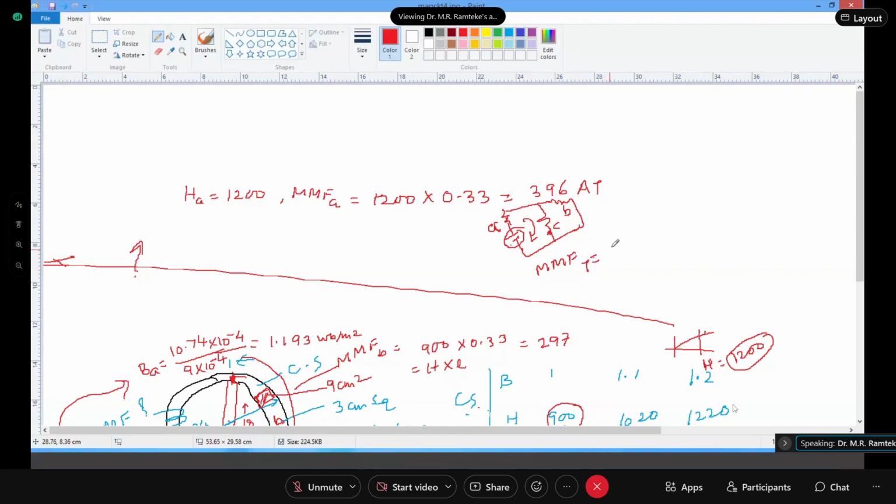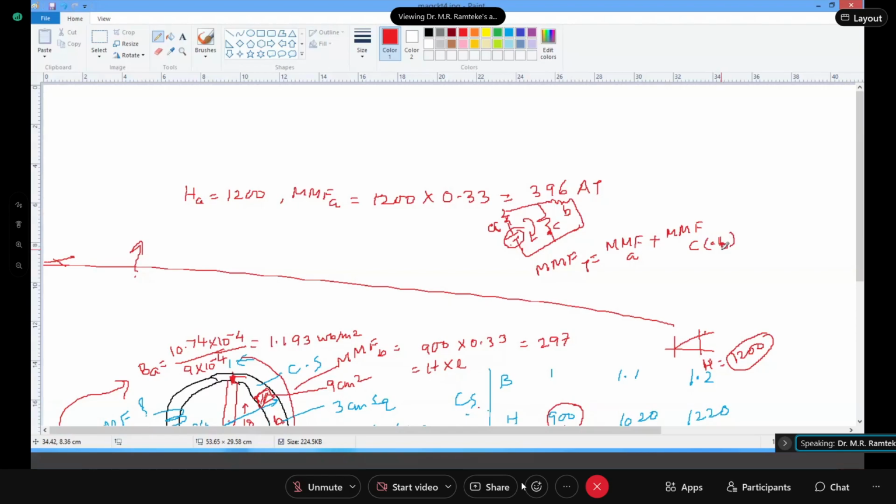So total MMF is MMF for A plus MMF for C, or otherwise you can use this big loop. Any loop can be used. I'm using this one, but you can even use this. So MMF for C, just for understanding, is also equal to that for B. Clear?